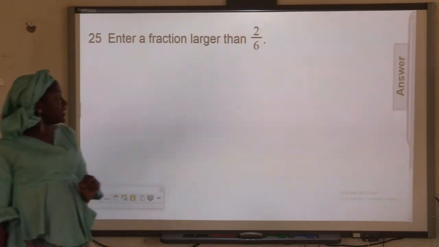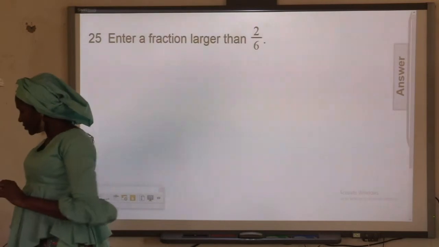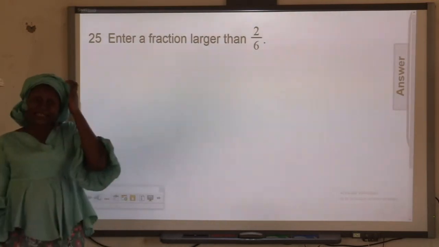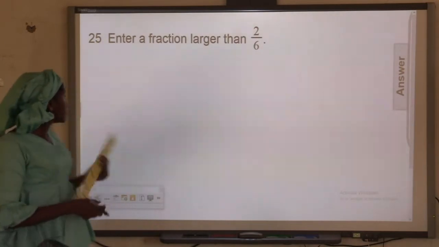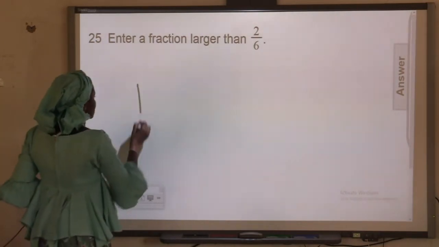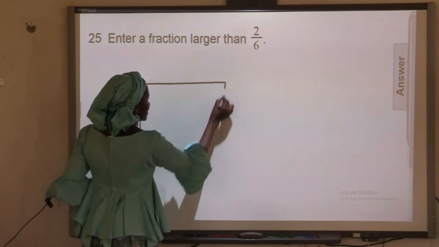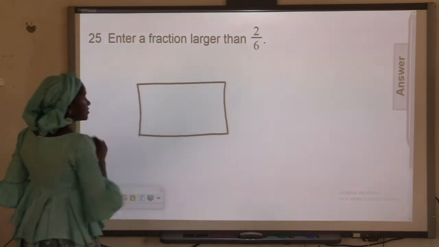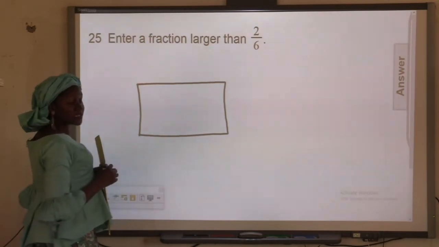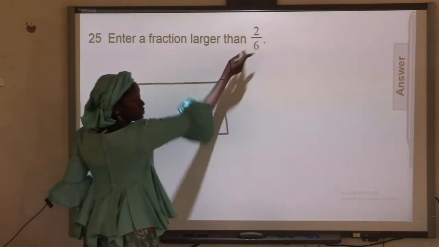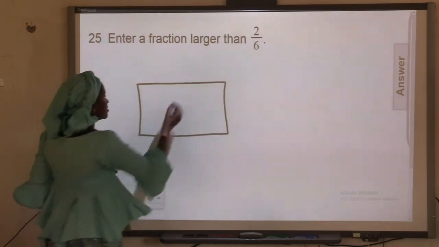Enter a fraction larger than 2/6. Here I can use a chart or a diagram to represent this. I will divide this diagram into 6 equal parts because our denominator is 6.